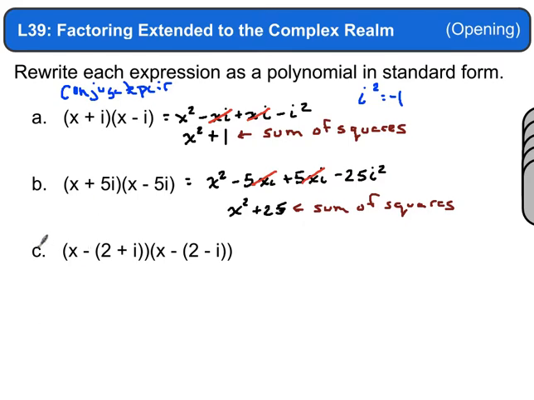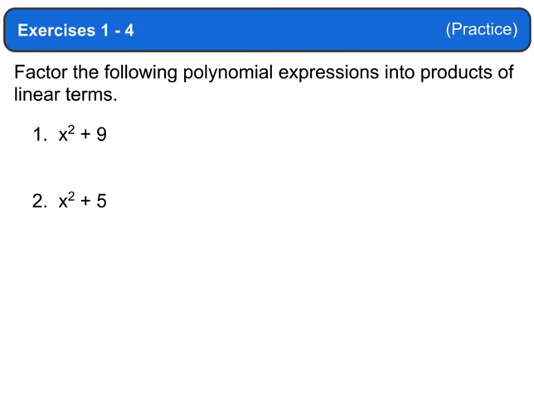We're not going to look at C, so we're going to move on and look at exercises 1 and 2, where they tell us to not multiply this time, but go in the other direction, that is, to factor the following. Now again, remember, if we look at this, we denote this as a sum of squares.